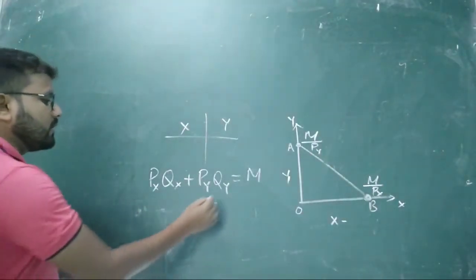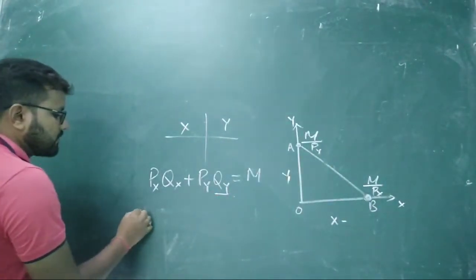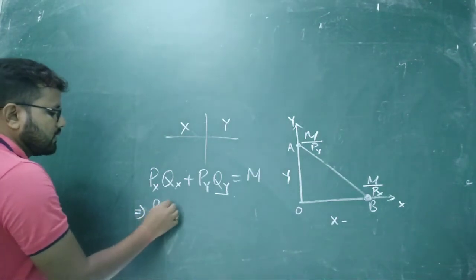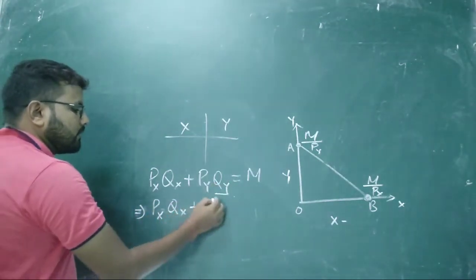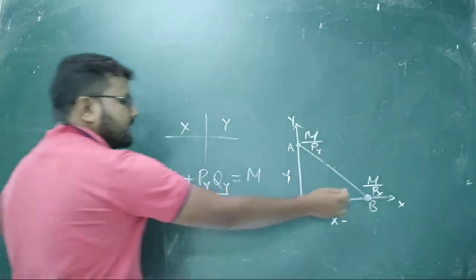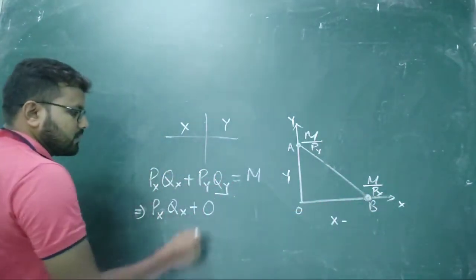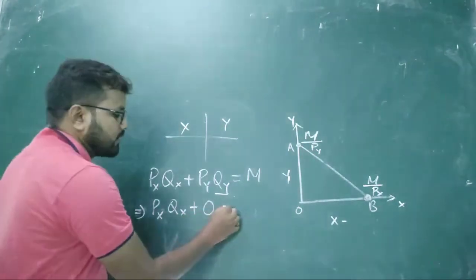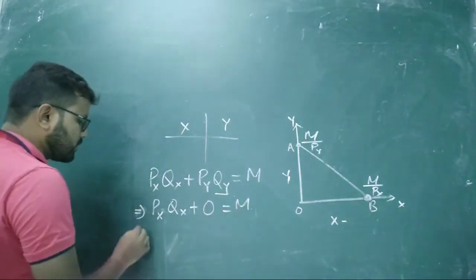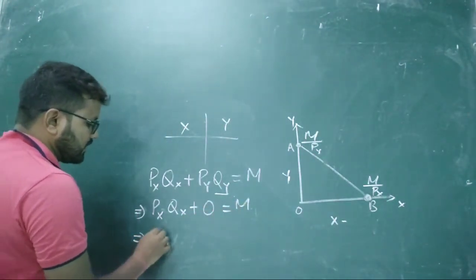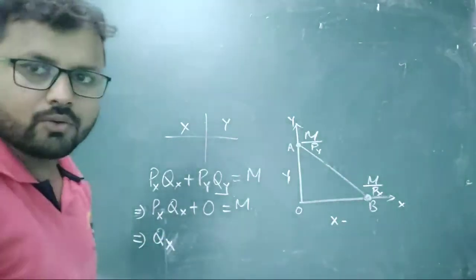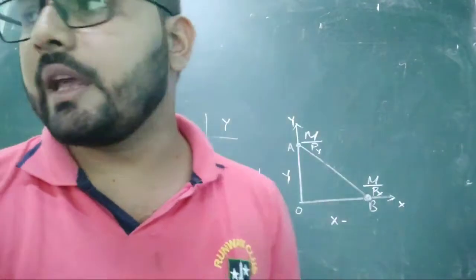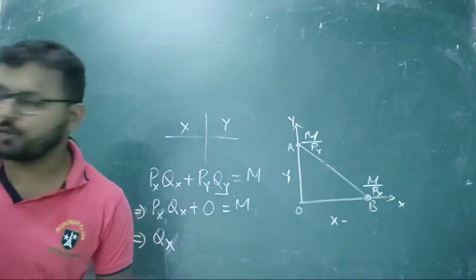If quantity of Y is equal to 0, then price of X into quantity of X plus 0 is equal to M. To draw a budget line, we have to calculate the amount of Qx and the amount of Qy.